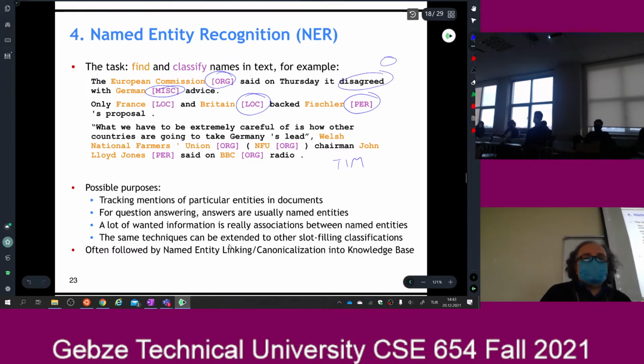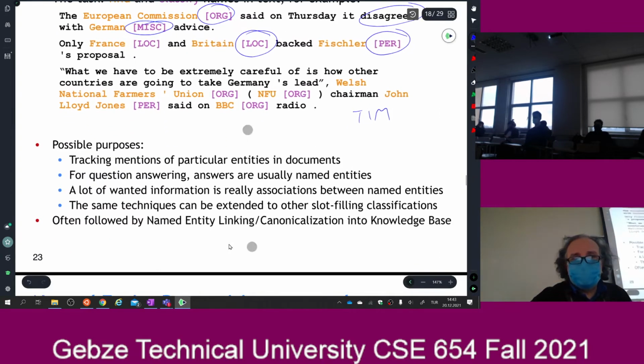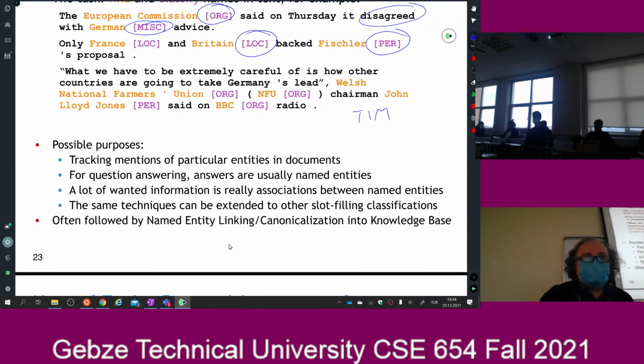Okay, 6 classes. So for each word, I need to assign one of these classes, and that's my task, an NLP task. And this will be very useful for purposes like tracking mentions of particular entities in documents.